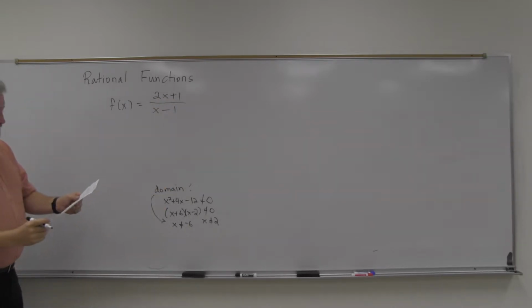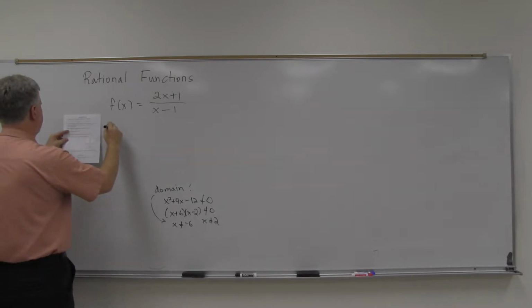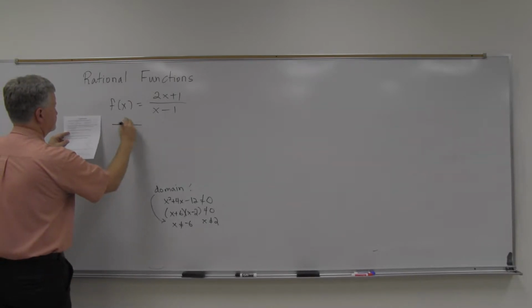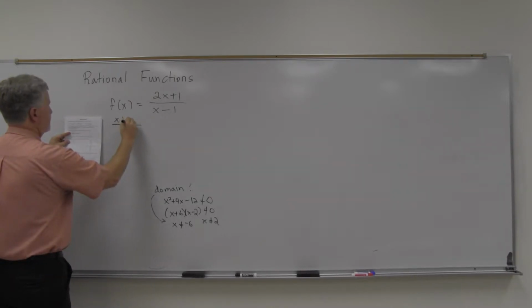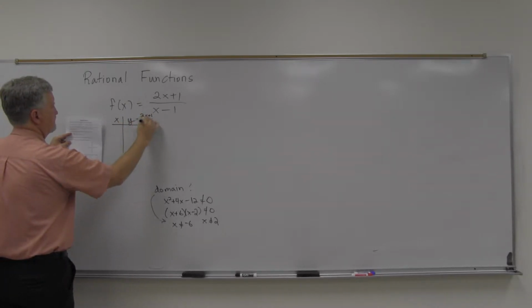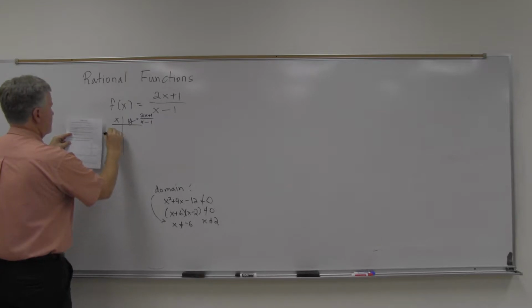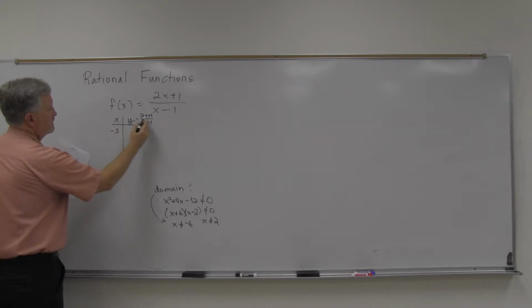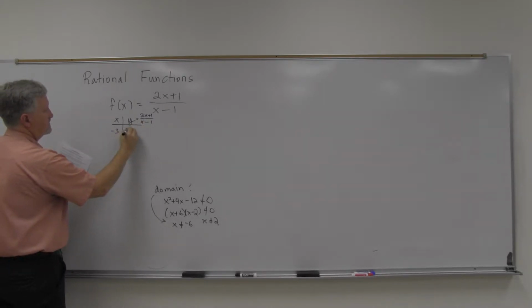All right, so let's just start by doing something we know, plotting points. So the y value is just going to be the 2x plus 1 divided by x minus 1. So we plug in -3. Well, we have -6 plus 1 divided by -3 minus 1.